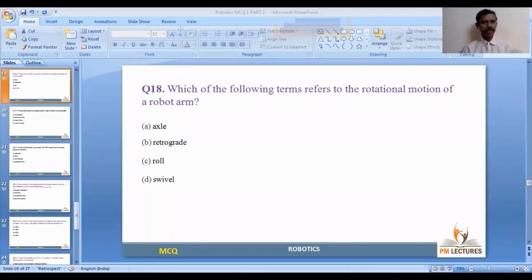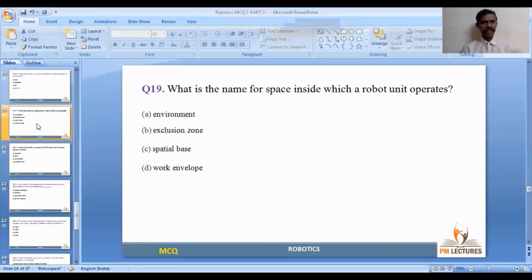Next, we move to the 19th question. What is the name for the space inside which a robot unit operates? Option A, environment. Option B, exclusion zone. Option C, spatial base. Option D, work envelope. So the correct answer is option D, that is work envelope.